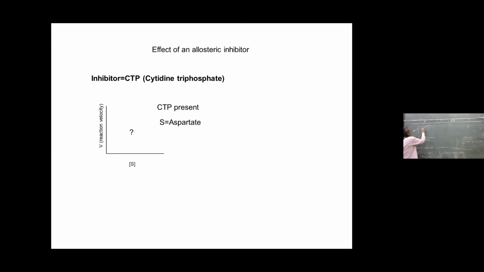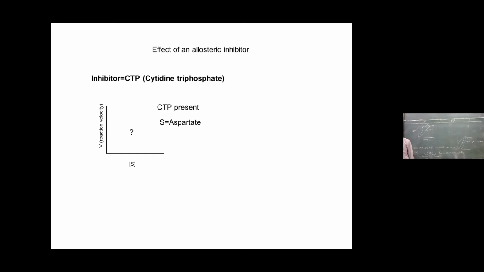But now if you add a little bit of CTP, what they observe is this shift, plus CTP. So adding CTP is somehow inhibiting.